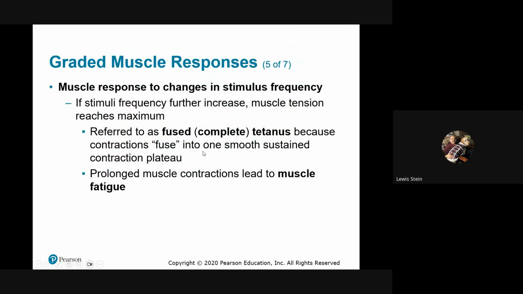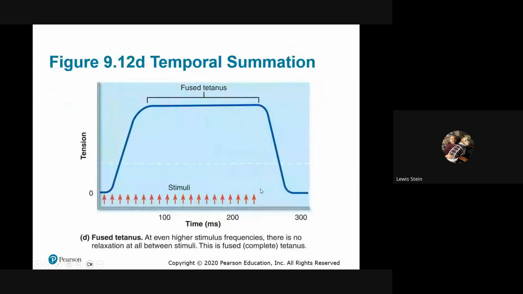If we change it and we really fire it a lot, we're going to fuse it and get a complete tetanus, a true complete muscle spasm. And the goal of that is we're going to fire it so much we're going to yield fatigue. Now we're stimulating 5 times every tenth of a second, or 50. You go from 50 to just about 100 times. Very, very rapidly, you're going to create that fusion.